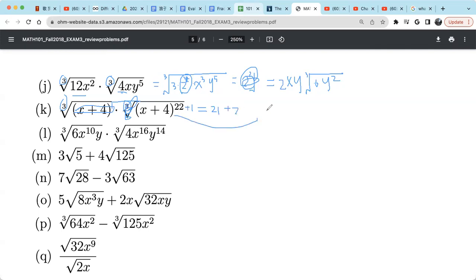We have x plus 4 raised by 7 outside, because 21 divided by 3, index 3, is 7. Then we still have this 2, 21 plus 2, right? 23. We still have cubic root of x plus 4 squared.